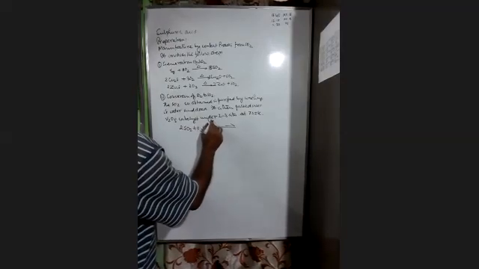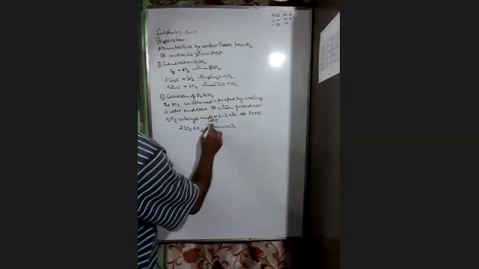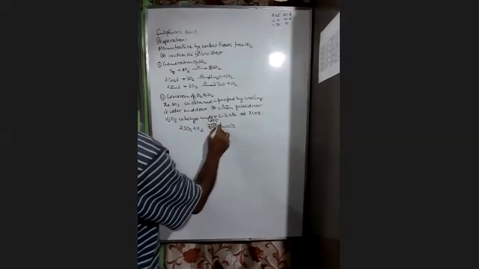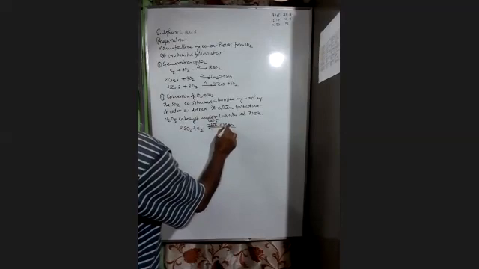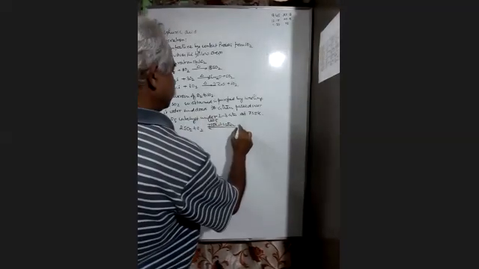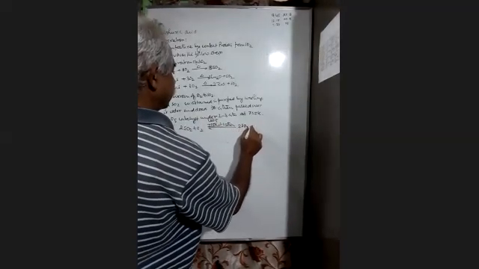With vanadium pentoxide, 725 Kelvin, 2 to 3 atmosphere, it will give you 2 SO3.